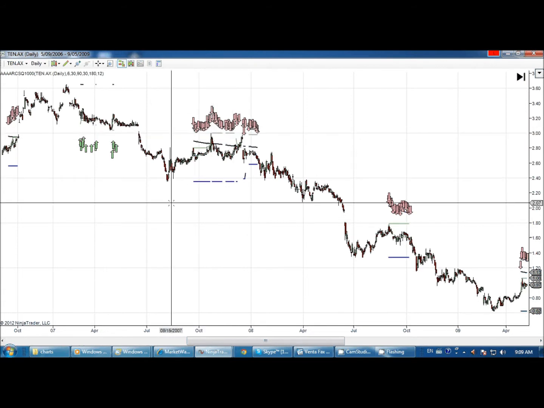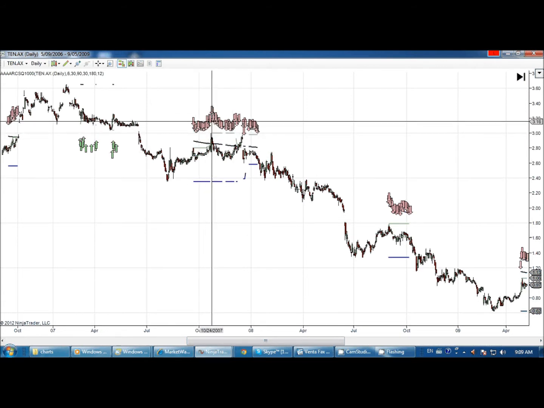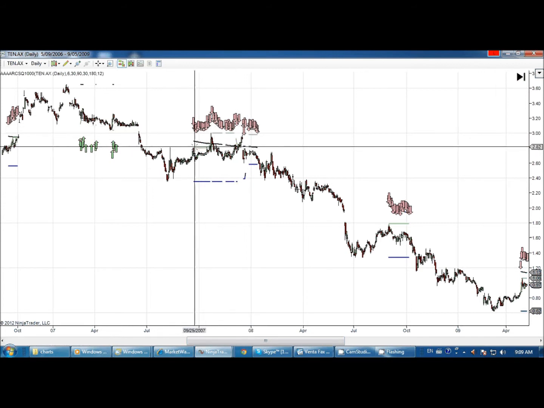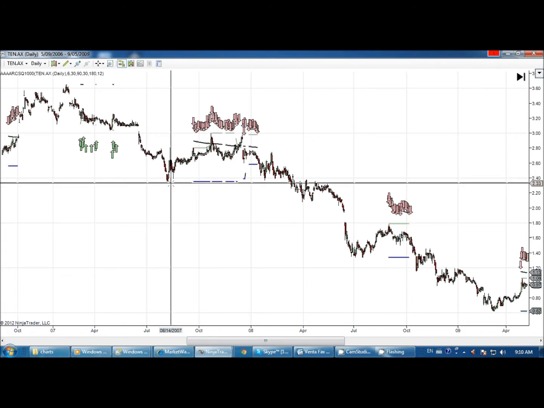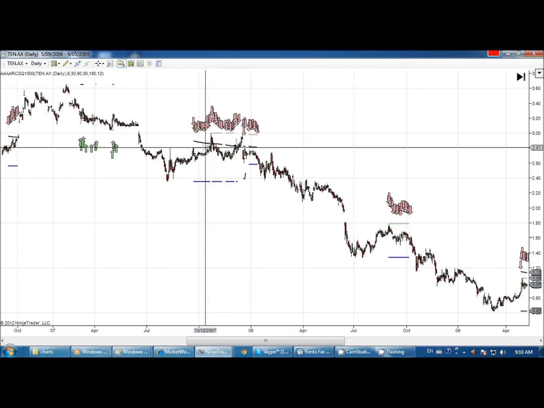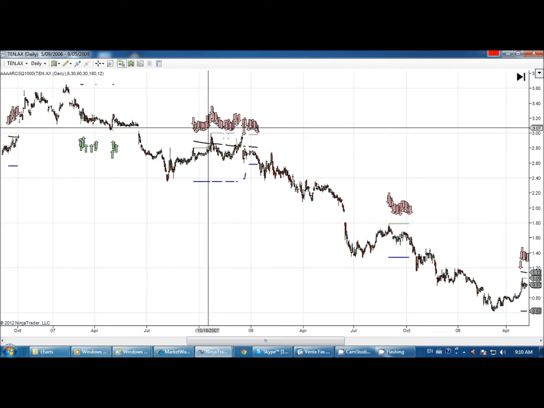So here we go. We've got an area of pressure here. This is all pressure. So there's selling pressure. The price has come up, and the selling pressure has started, and the price just has a lot of trouble getting higher because there's pressure there.